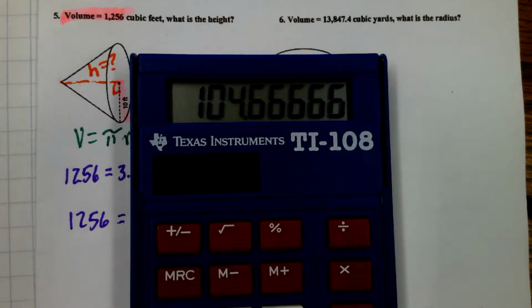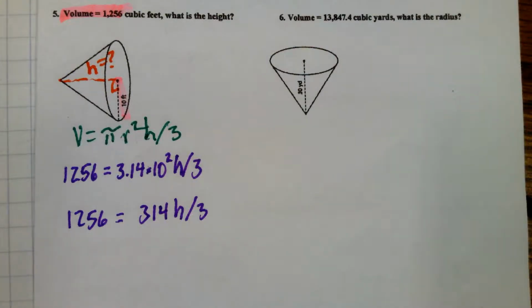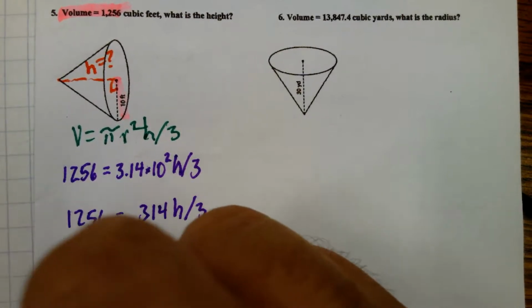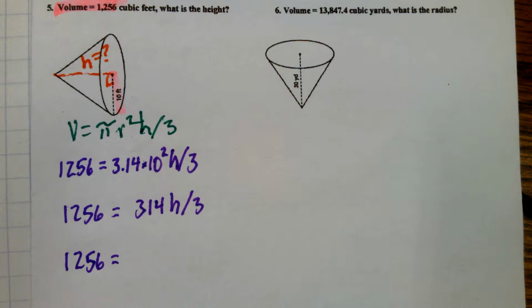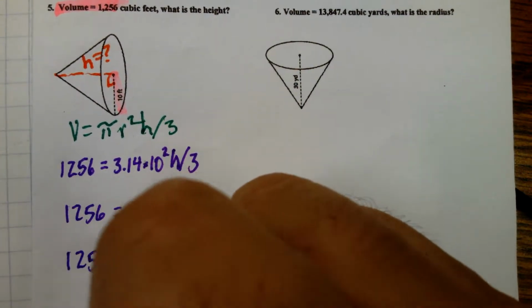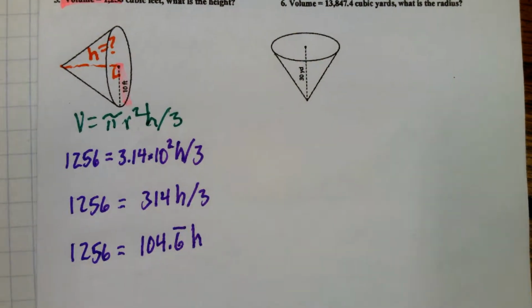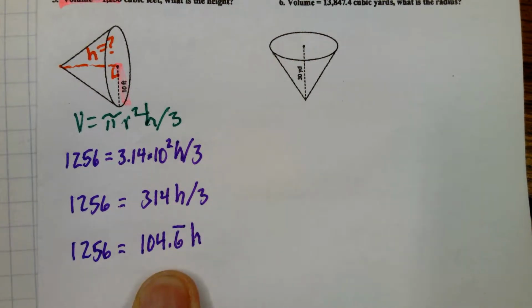I get 104.6 repeating. So we get 104.6 repeating times h. Right? Basically, 3.14 divided by 3 gave me this.